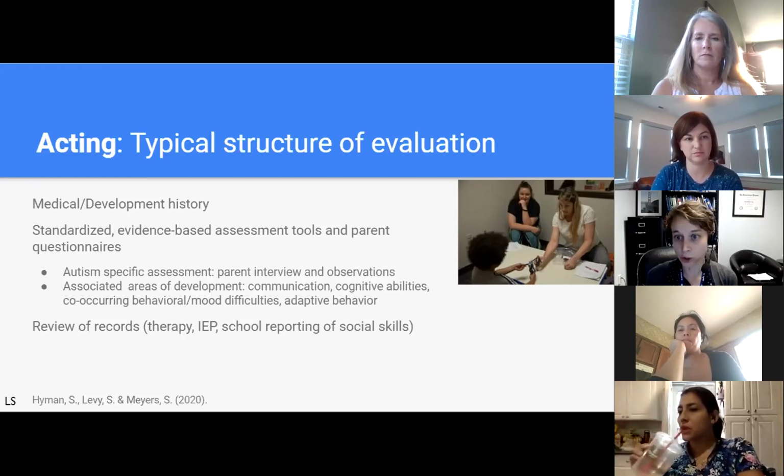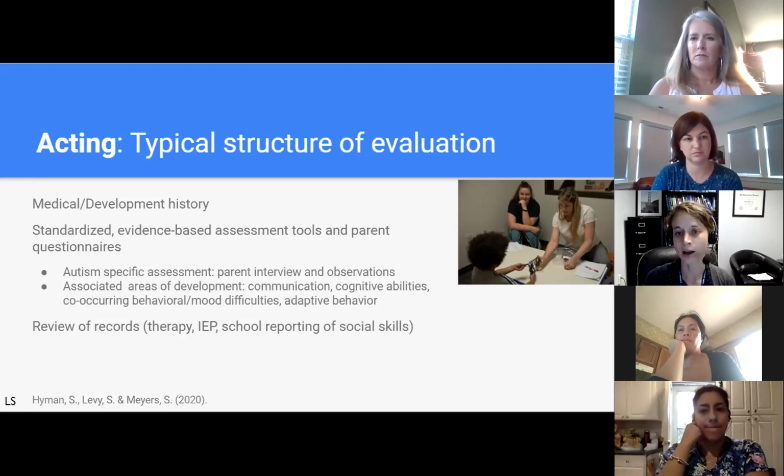Because there's that group, we look really carefully at developmental history to see if that child experienced a regression of that type, of that language and social type, around 18 to 36 months. Okay, so that's medical and developmental history.